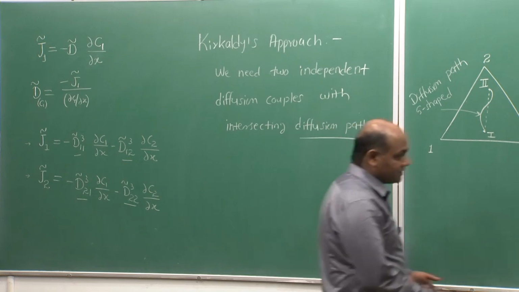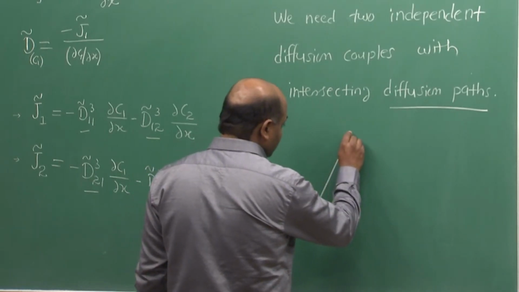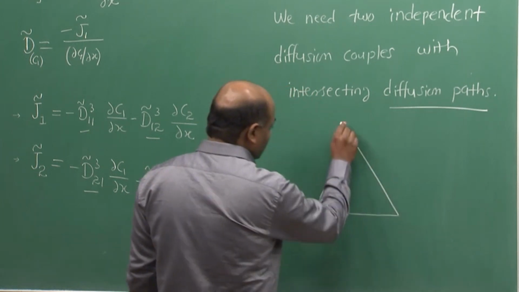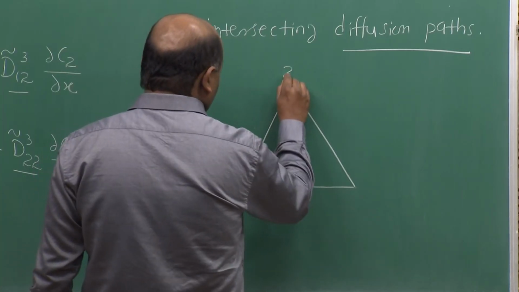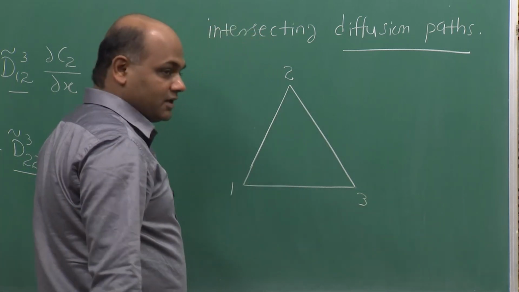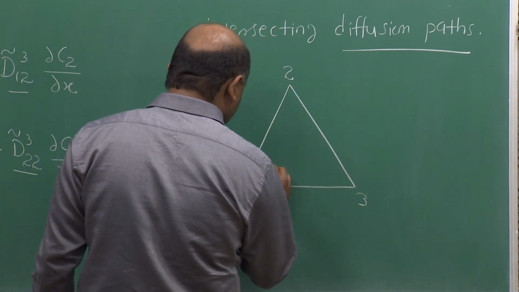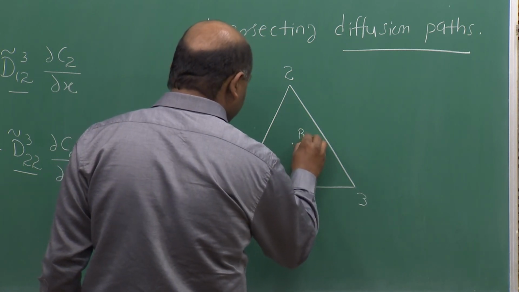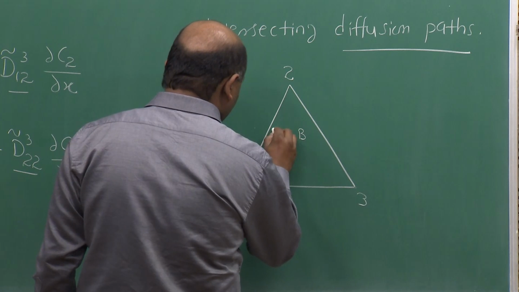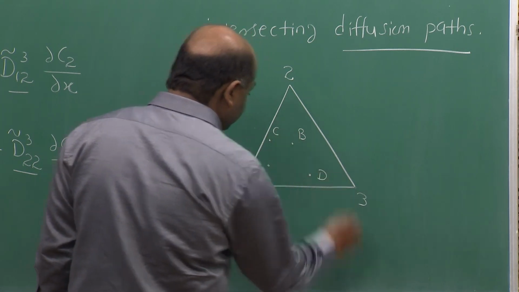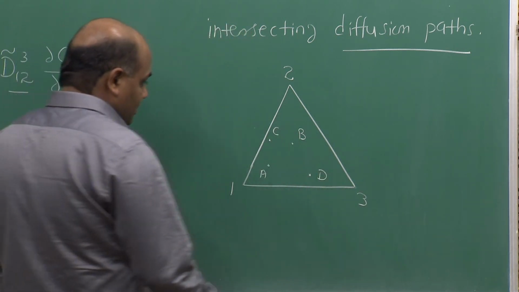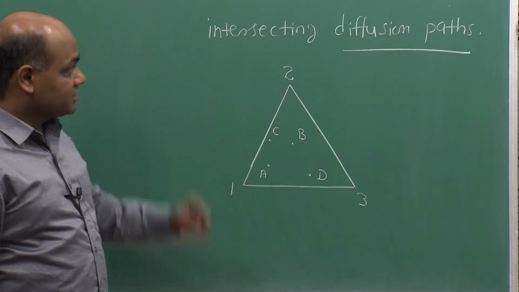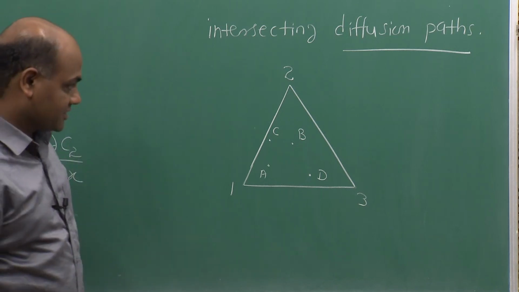So, if we draw this ternary isotherm again, let us say I prepare two independent couples, one between alloy A and alloy B and the other between alloy C and alloy D, and these two couples should be such that their diffusion paths intersect.